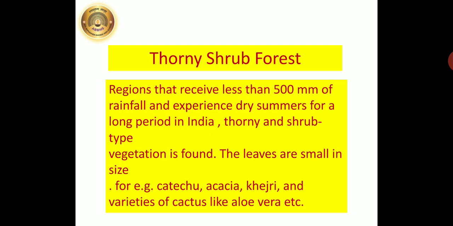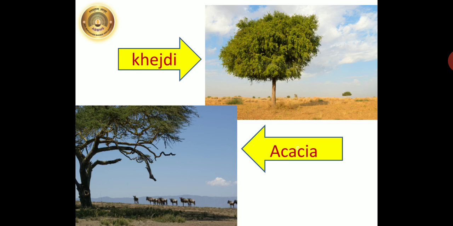The leaves are small in size, as well as there are thorns on these trees. For example, catechu, khejri and a variety of cactus like aloe vera. Now think over it. Think about where you will find these vegetations in India. Right, it is the Great Indian Desert. Here you can see the acacia and the khejri trees.